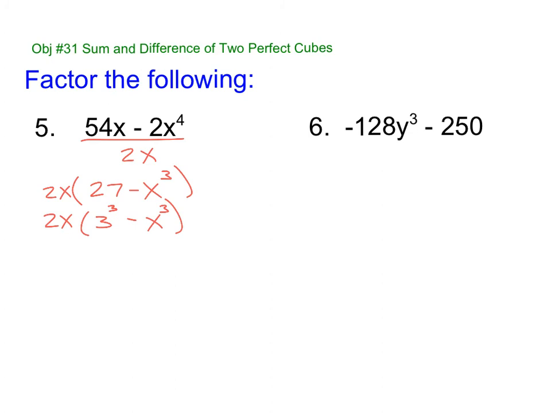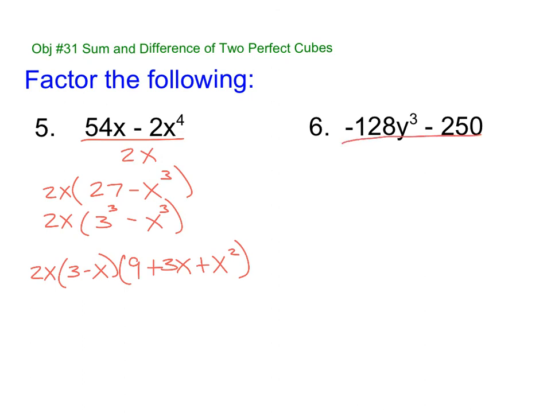I'm not going to. So I've got 2x. 3 minus x is the minus. The binomial stays the same. 9, square the first guy, plus multiply the two guys together, and then square the last guy. And that's it.